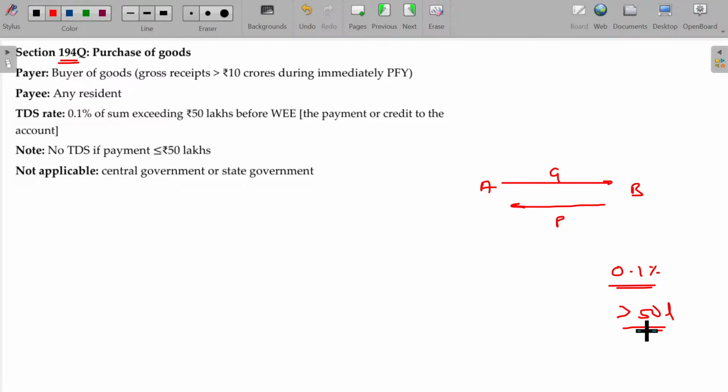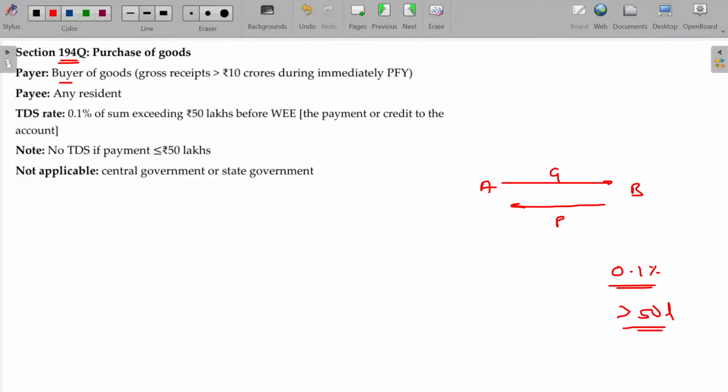Probably 10,000. Yes, 10,000 only, a small amount deposited. It's nothing but intimating to the department that he has purchased goods worth rupees 50 lakhs and above.